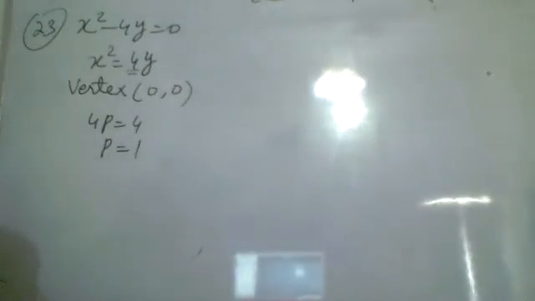And x square is equal to 4y means y will be the axis of symmetry, or the transverse axis is y.